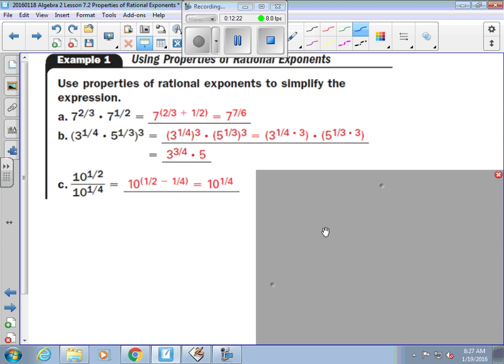If you need to, you can do this: 1/2 minus 1/4. You have to convert that bottom number to like denominators. This one stays the same, this one needs to multiply by 2. So it's 2/4 minus 1/4, which is 1 over 4. And that's where 10 to the 1 over 4 comes from.